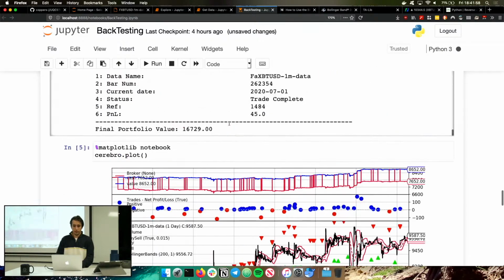So, I don't know if anyone saw, after running, from an $8,000 account, we ended up with $16,729. So we made more than 100% return on our initial $8,000 cash balance. And that's with only ever trading a half contract amount.